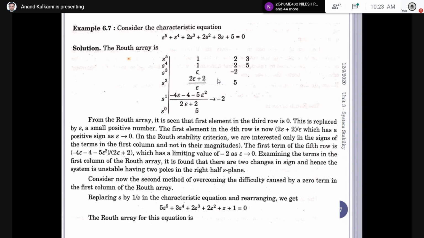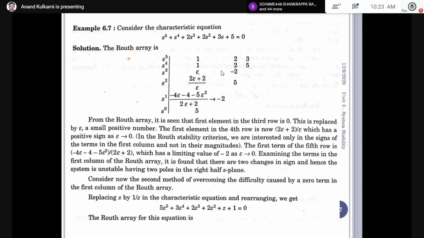So if this term becomes plus infinity, infinity multiplied by anything is infinity with a negative sign. 5 into 0 is 0. Infinity divided by infinity is meaningless. So the Routh's array degenerates. It is called degeneration of the Routh's array.